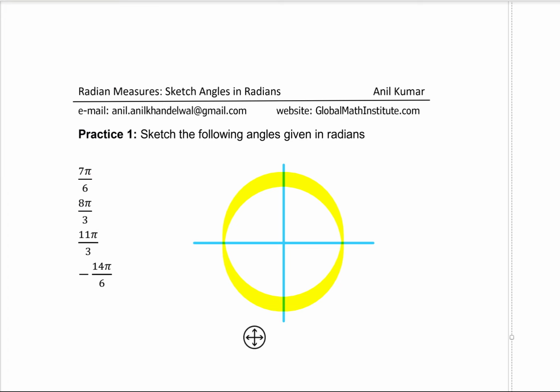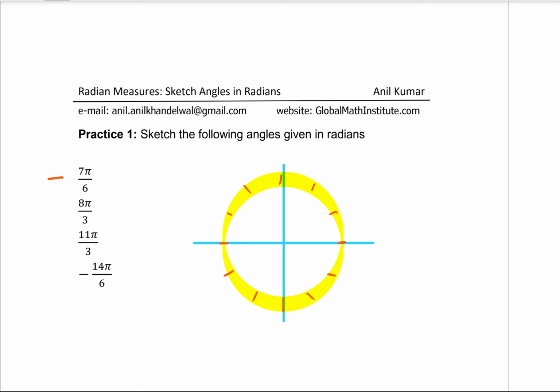So we will do pi by 6, 7 pi by 6. That is to say, I'm going to divide this pi into 6 equal parts. So it could be 1, 2, 3, 4, 5, 6. Later half also in 6 equal parts.